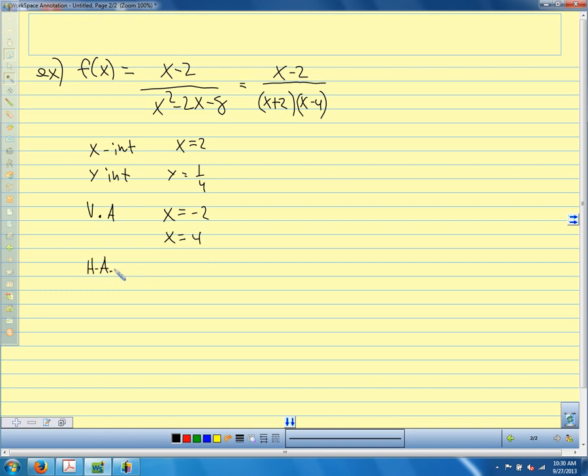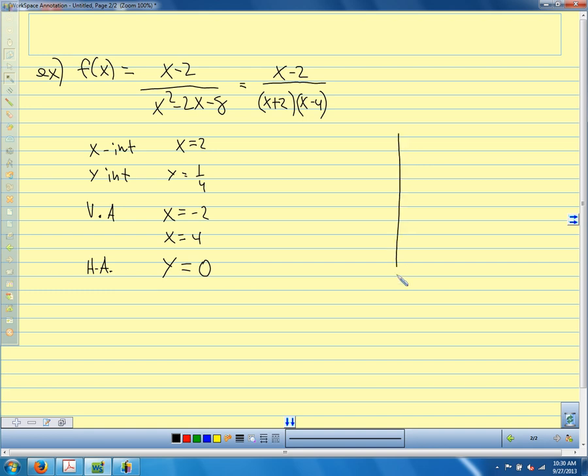How do we find our horizontal asymptote? Compare the degrees. And how do they compare? Denominator is bigger. Denominator is x squared. Numerator is x. So our asymptote, a few people have said it, y equals 0. So now we have enough information to start sketching our graph.